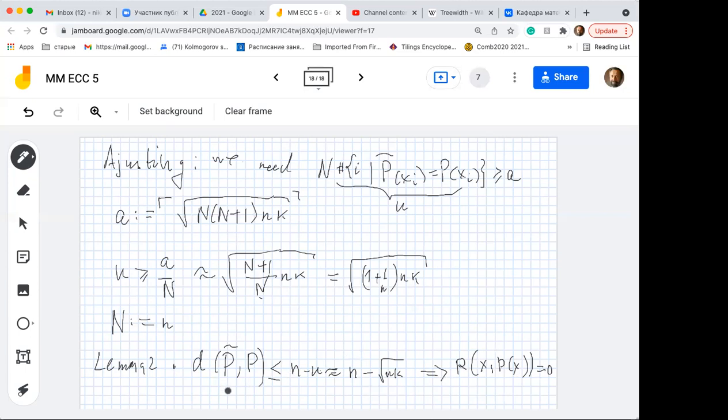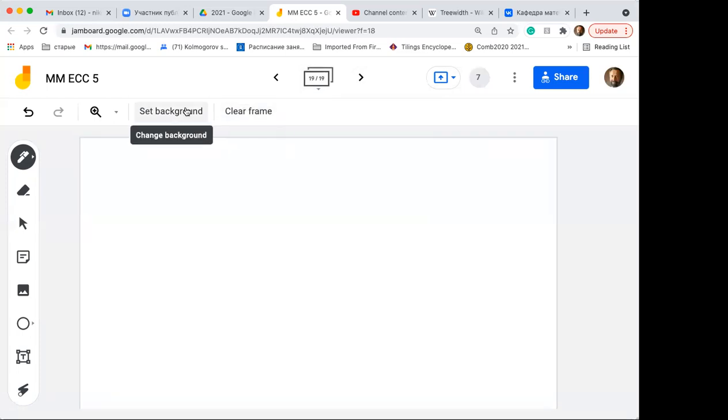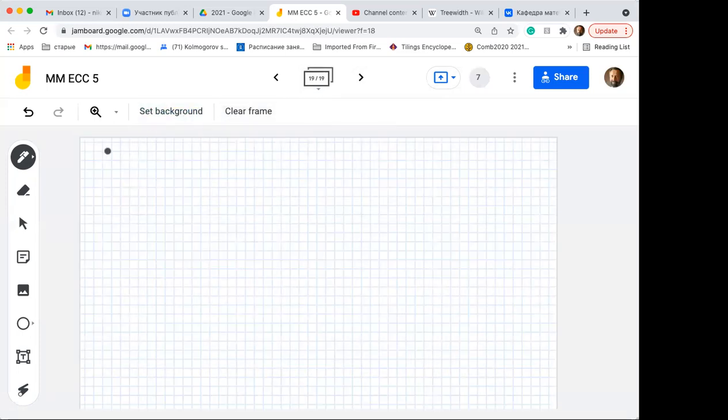And then we can proceed to step 3 and use Bezout theorem. If we know that r of x, p of x is 0, then this is actually the same as saying that r is divisible by y minus p of x.